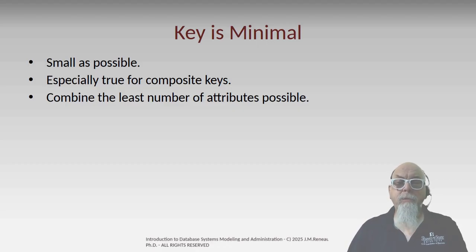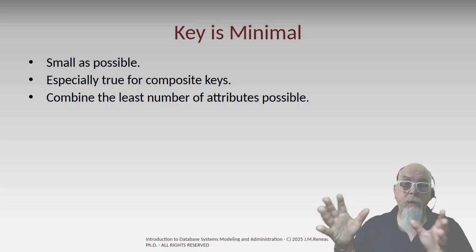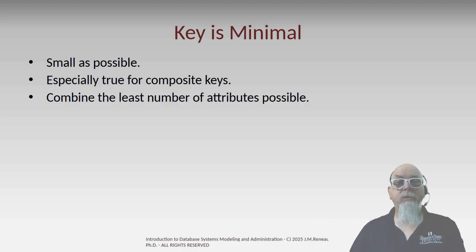Well, that becomes problematic because keys are duplicated throughout our system as we're building a data model. We'll see all kinds of things that we use keys for. So keys really should be as minimal as possible, and that's especially true when we start jamming multiple attributes together to create a composite key.